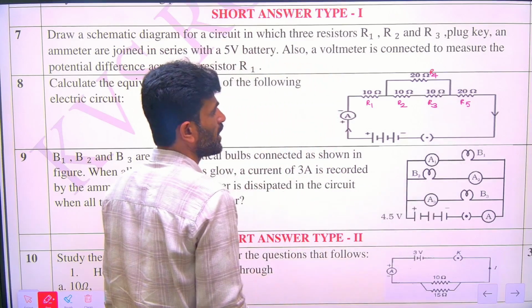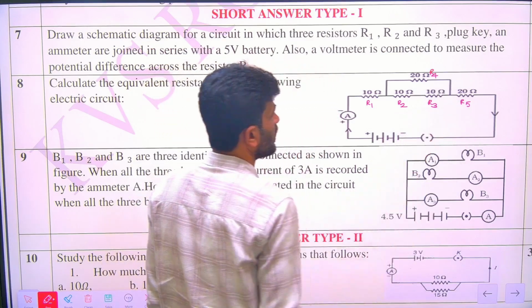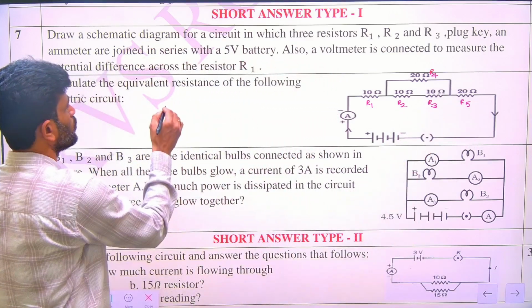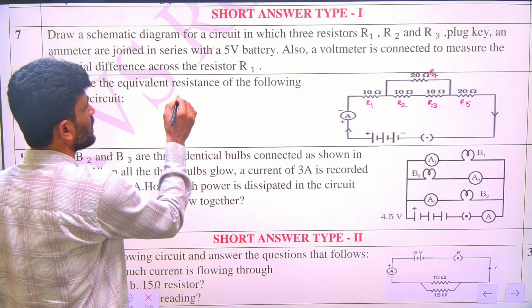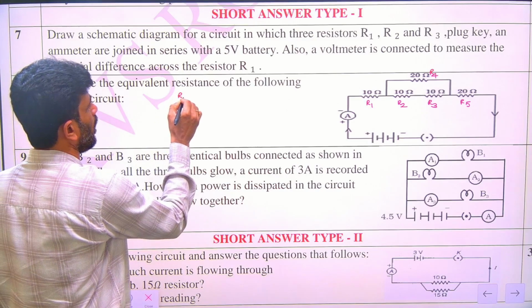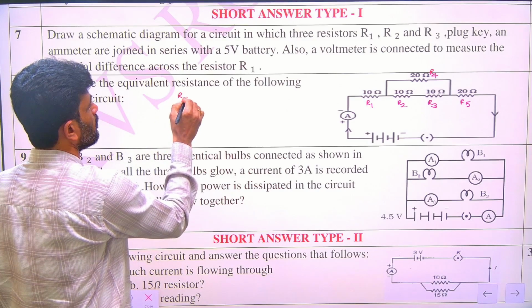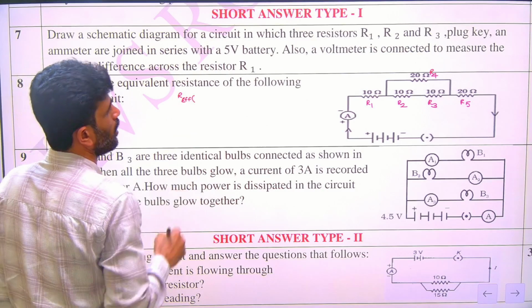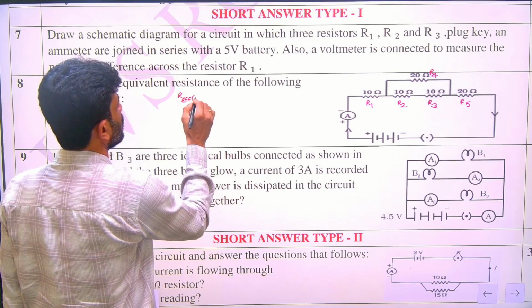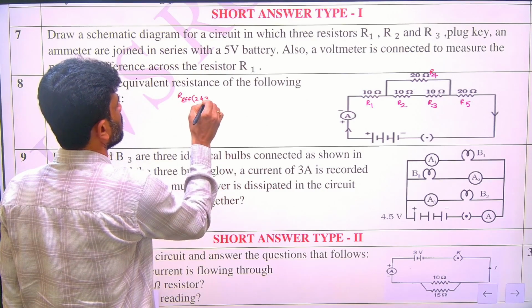In the first case, R2 and R3 are in series. So I am finding that effective resistance, R effective of 2 and 3. I am representing it like this.